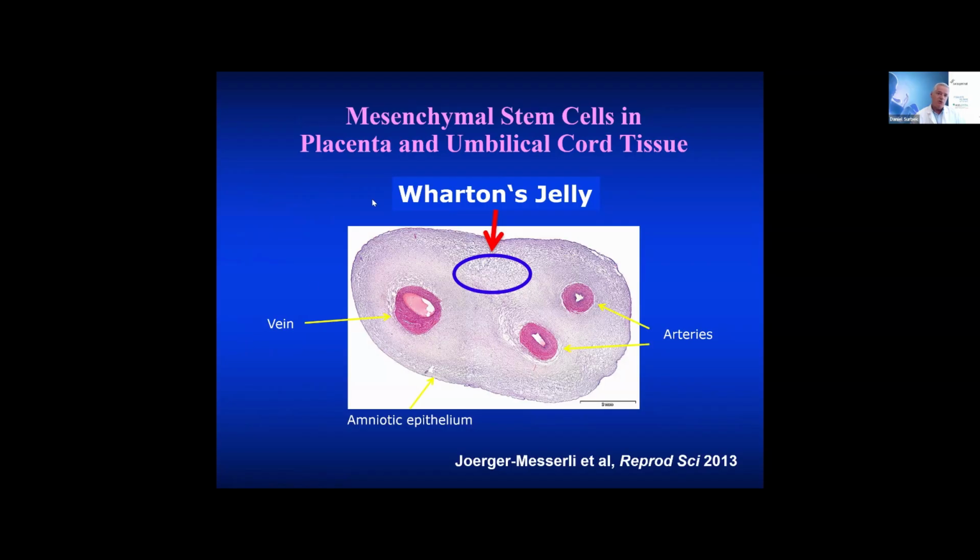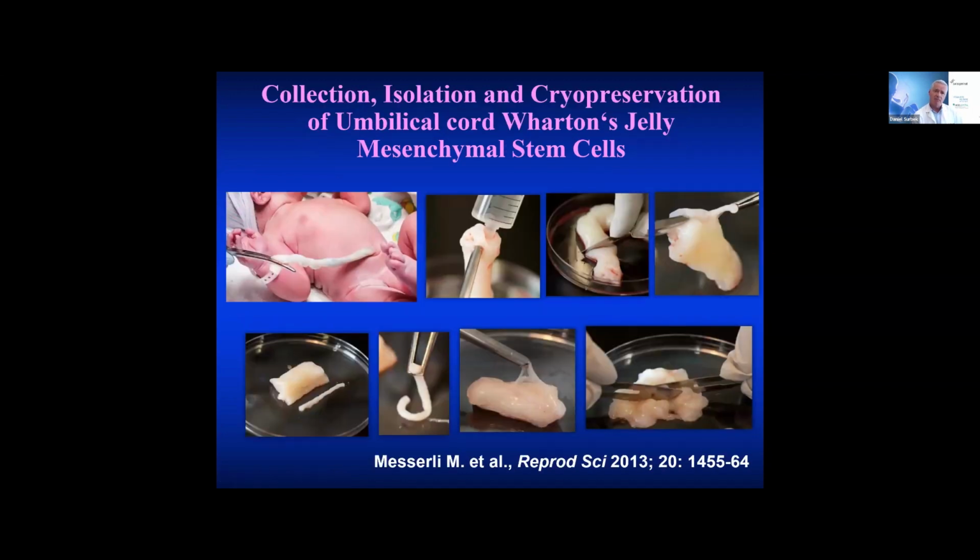These stem cells are also found in amniotic membranes and also in the placenta, but those in the Wharton's jelly in the umbilical cord tissue are probably the most potent mesenchymal stem cells available, and they can rather easily be collected because after birth you can just use a part of the umbilical cord.